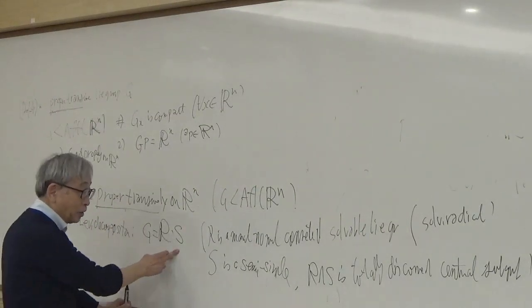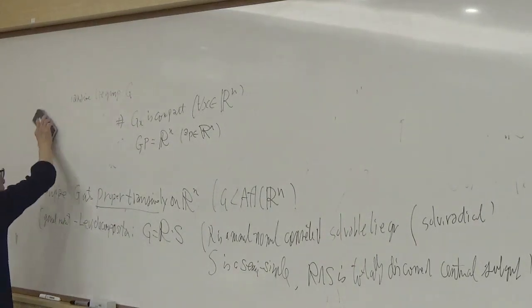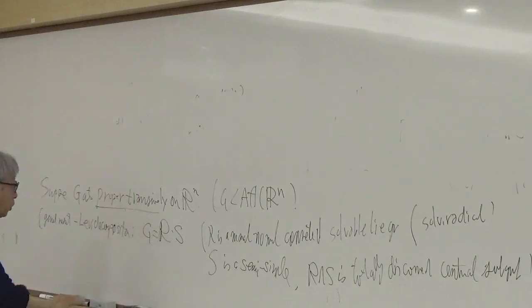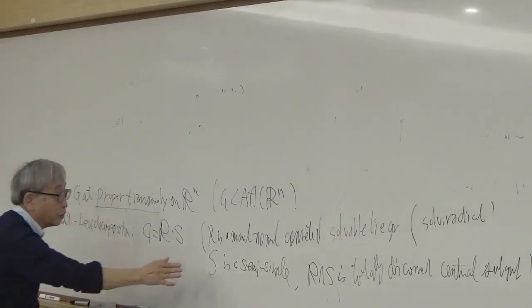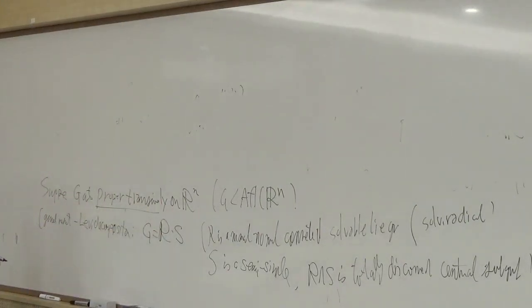Now let's look at S is compact. The reason is: G acts properly transitively, belonging to the affine action. First of all, let's look at S. This is a very well known result.